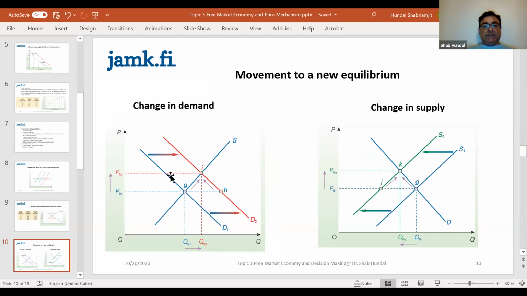For instance, you can see that here was the original demand and the original supply curve, and that was the price and the quantity. But if the demand for this product increases because people's income has gone up, they like this product more than before, there are more people in the city, and so on and so forth.